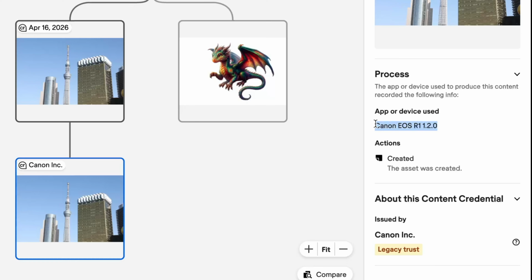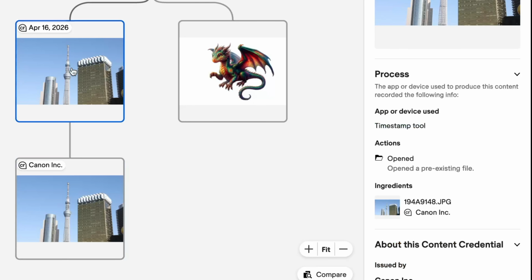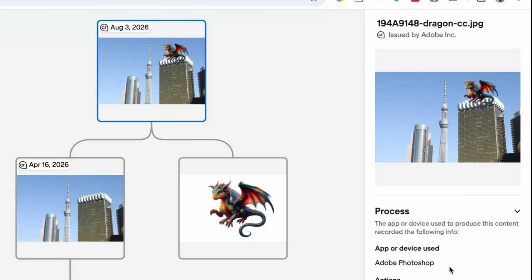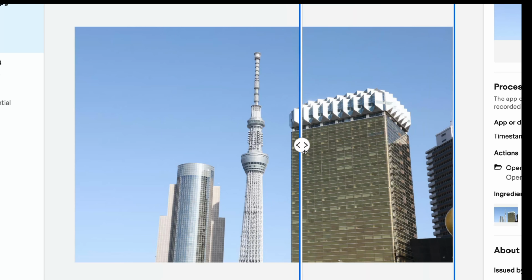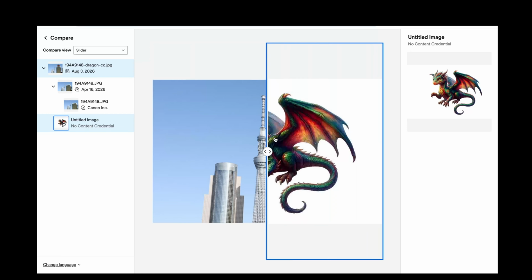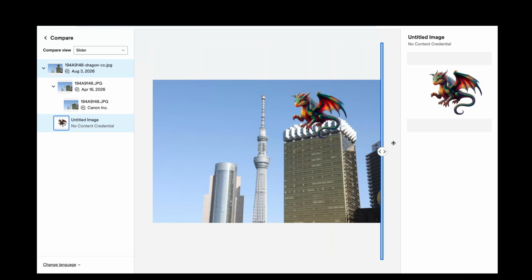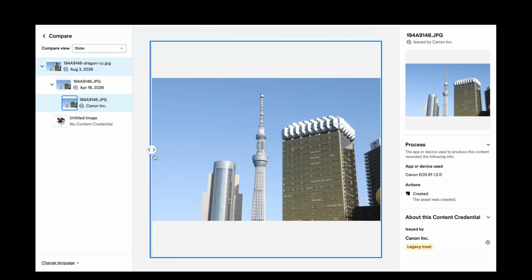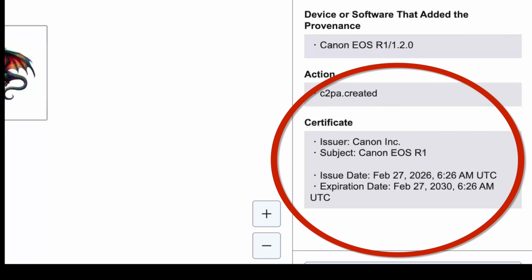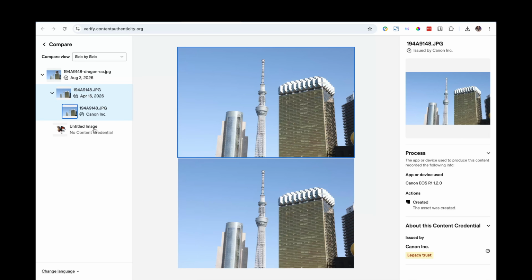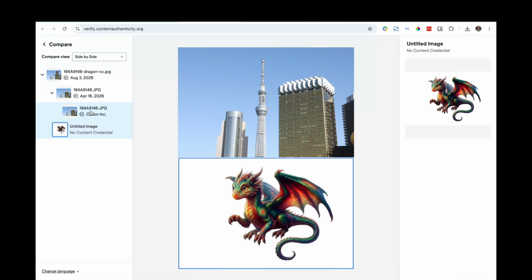The greatest thing you are able to do is dig immediately into details. If you download it into the new system you have at your disposal, you are very quickly able to distinguish what is what. So you're able to tell, yes, this shot was taken originally with R1 and obviously it was created by the original camera, but indeed, the dragon was added at a later stage.